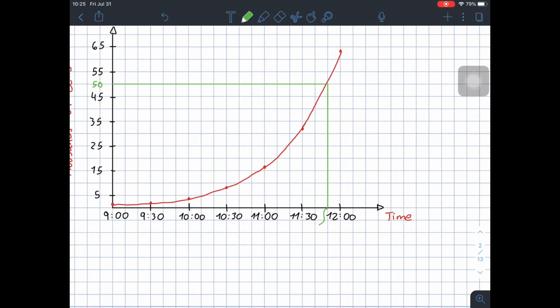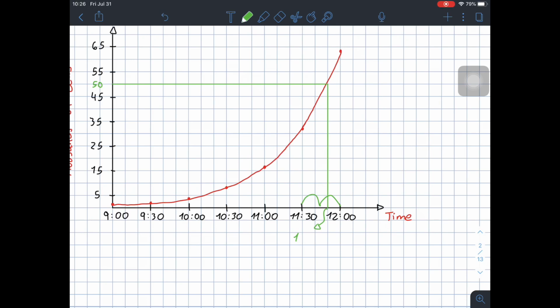Let me take this out here, and it's hard to tell. This is half, this is the other half. So it's somewhere around, I would say, 11:45, 11:50 maybe, right?